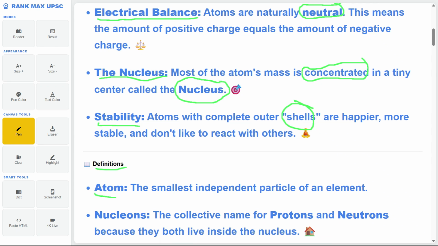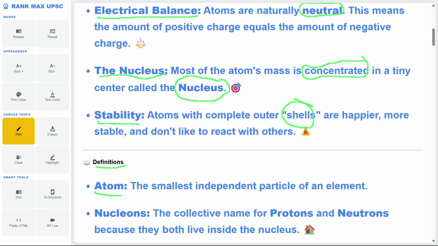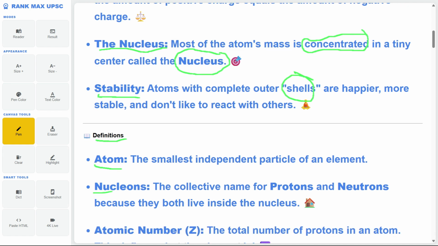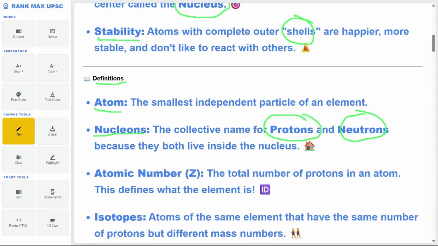Definitions. Atom: the smallest independent particle of an element. Nucleons: the collective name for protons and neutrons, because they both live inside the nucleus. Atomic number Z: the total number of protons in an atom.